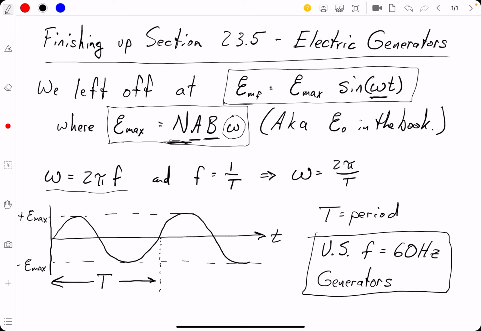So if we were going to write this total equation out, let me see if I have room. I think I can do it. We're going to write our EMF is equal to the number of loops times the area of the loops, or average area, times the B field, times our angular velocity.